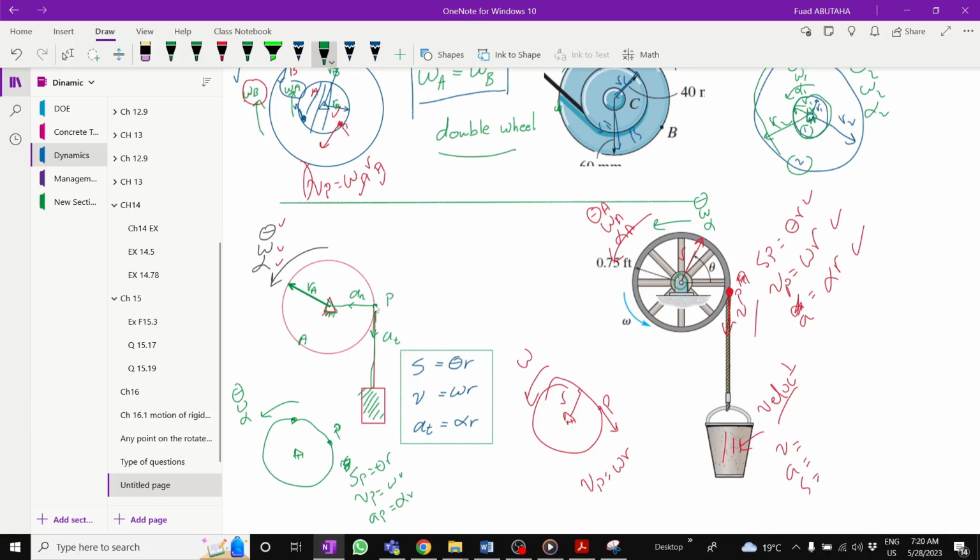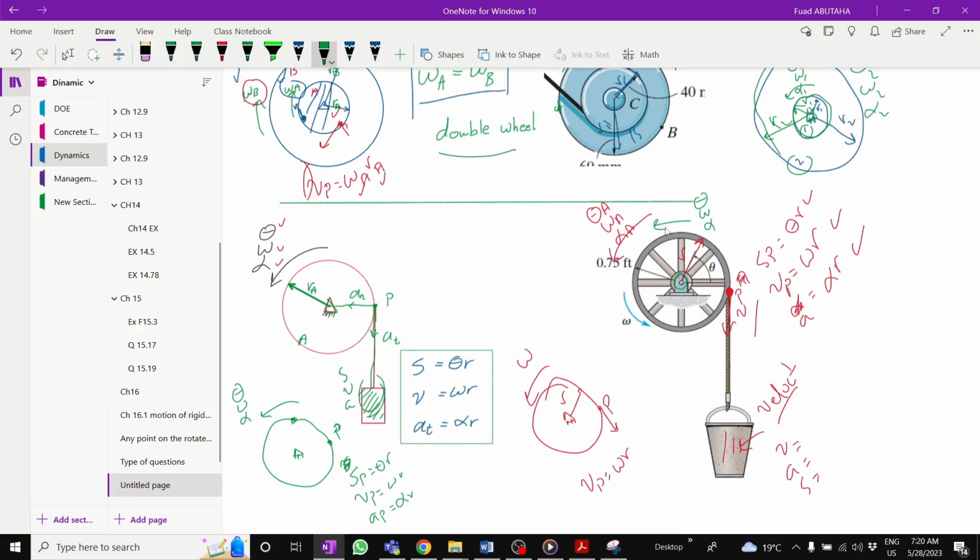So if it's connected to this wire, he might ask you what is the position, or what is the velocity, or what is the acceleration of this box here.